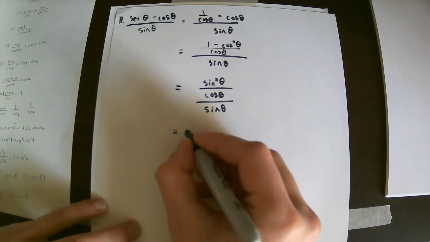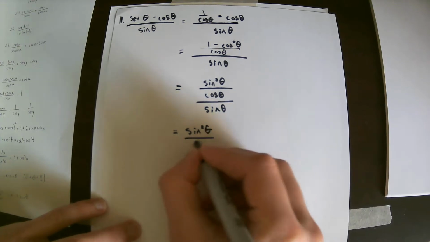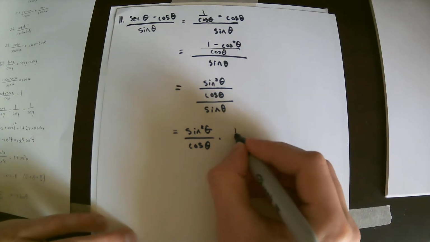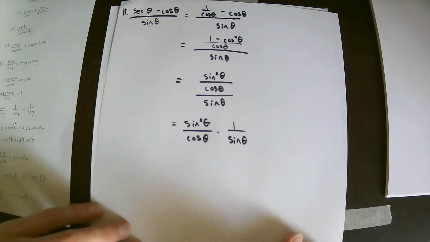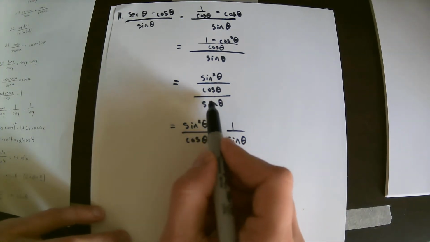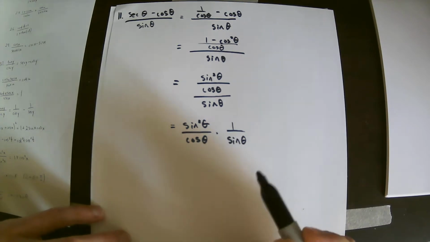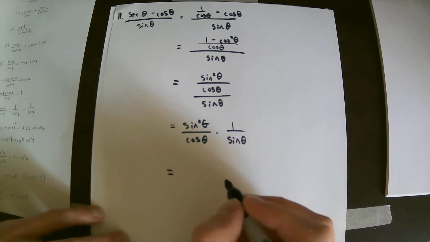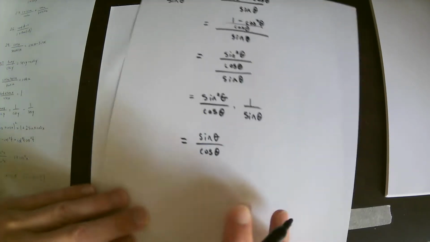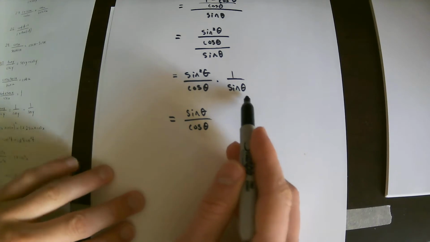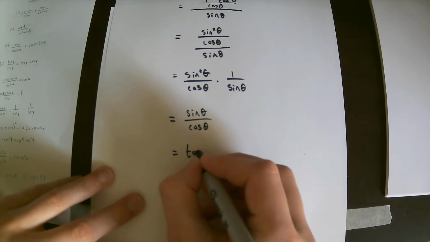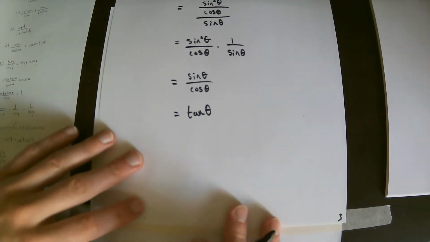This is the same as sine squared theta over cosine theta times 1 over sine theta, since division by sine theta is the same as times 1 over sine theta. And then that is sine theta over cosine theta, because sine squared and sine theta cancel, with one left in the top. And we're getting tangent theta there.